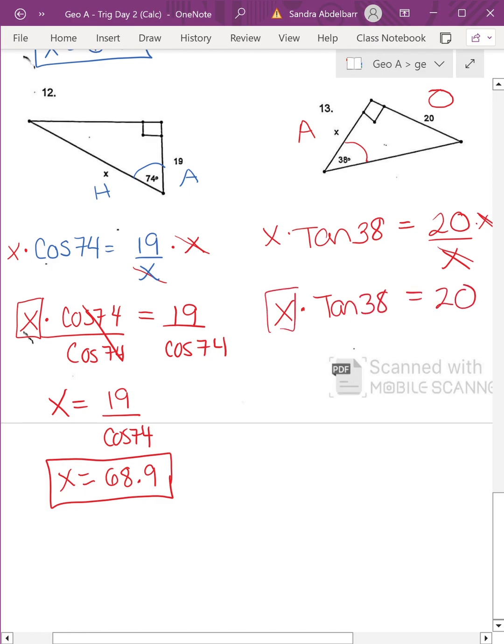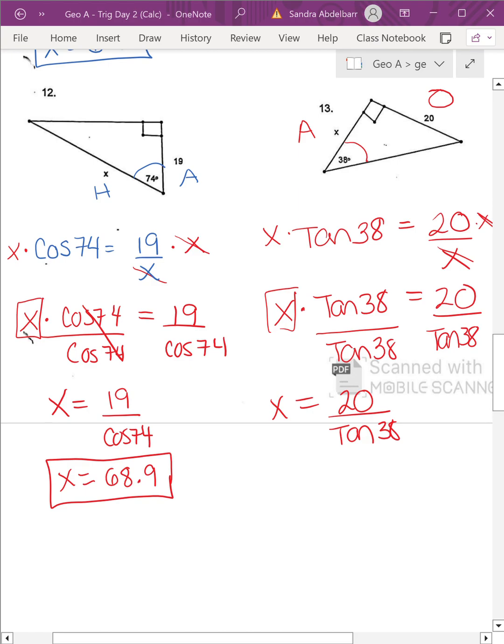Now to solve for x, I need to divide by the tangent of 38. So x will equal 20 over the tangent of 38. So you do 20, division sign, tan 38, enter. 25.6.